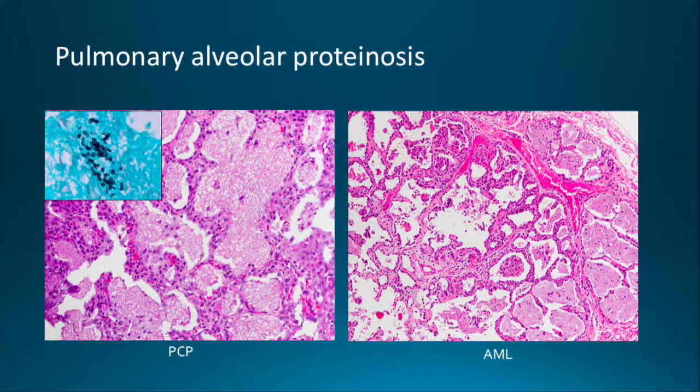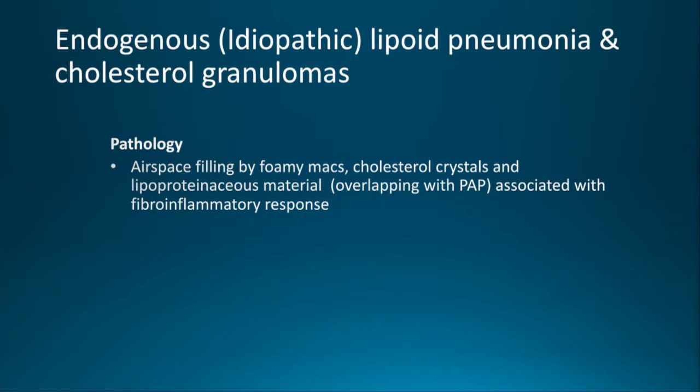If you go to the next slide, now I want to talk about endogenous lipoid pneumonia and cholesterol granulomas. While we traditionally think of this as being separate from PAP, actually there's quite a spectrum of features that significantly overlap, and that's why we're coalescing these entities in this disease process.